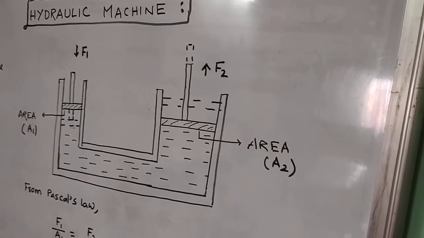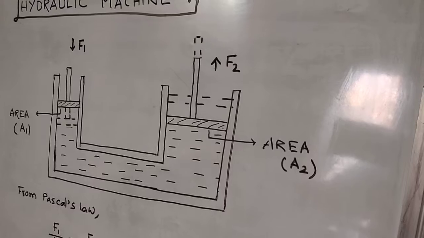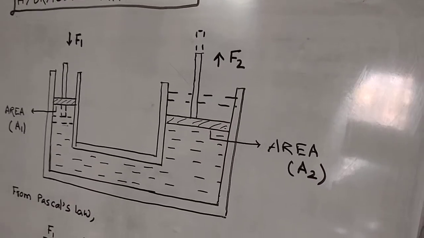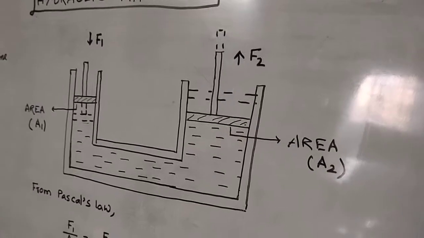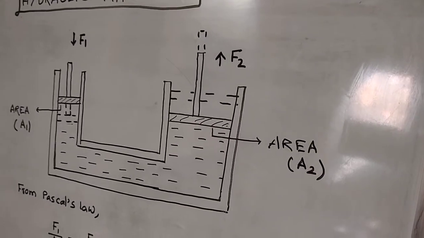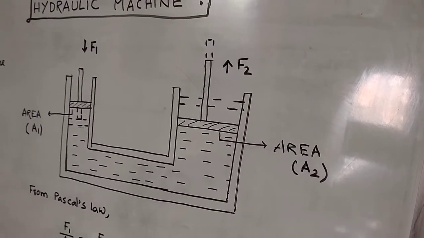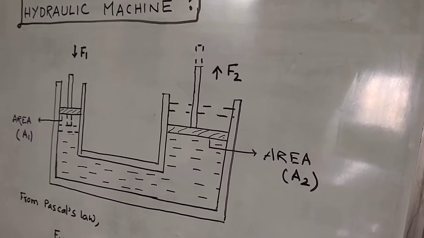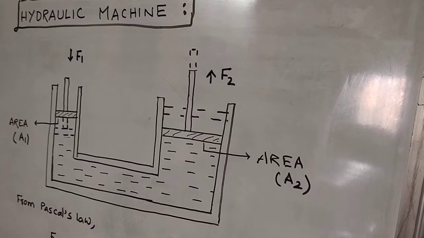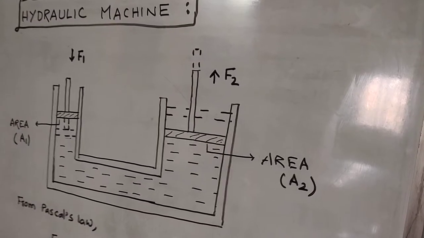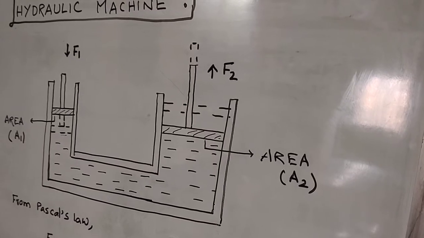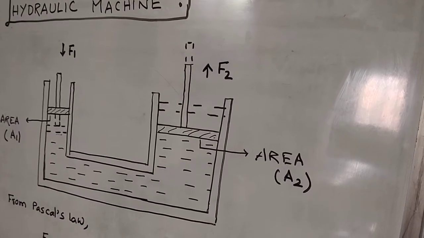Now, let me explain. You see, here you have an almost alphabetical U-shaped container, one with area of cross section A1 and another with area of cross section A2. Now these openings are enclosed by movable pistons.